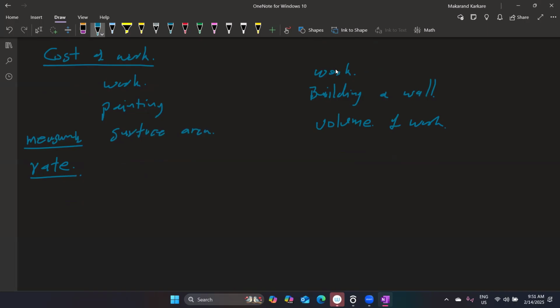Okay. So when it comes to painting work or surface related work, the rate will be given in terms of per unit area. Whereas when it comes to building work, the rate will be given to me per cubic meter or per volume.